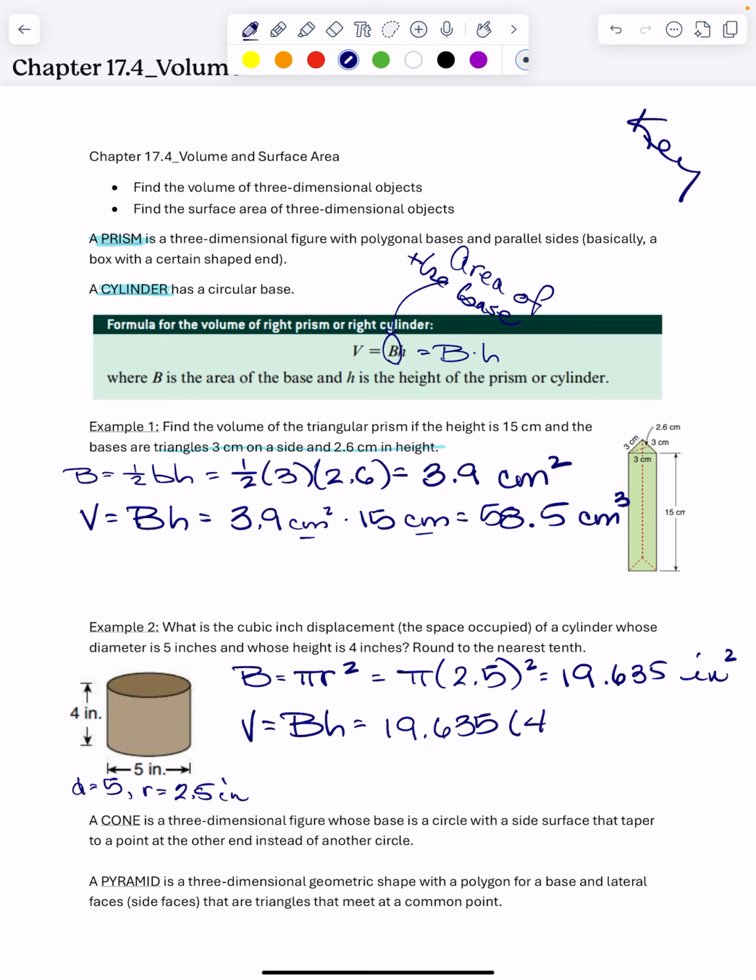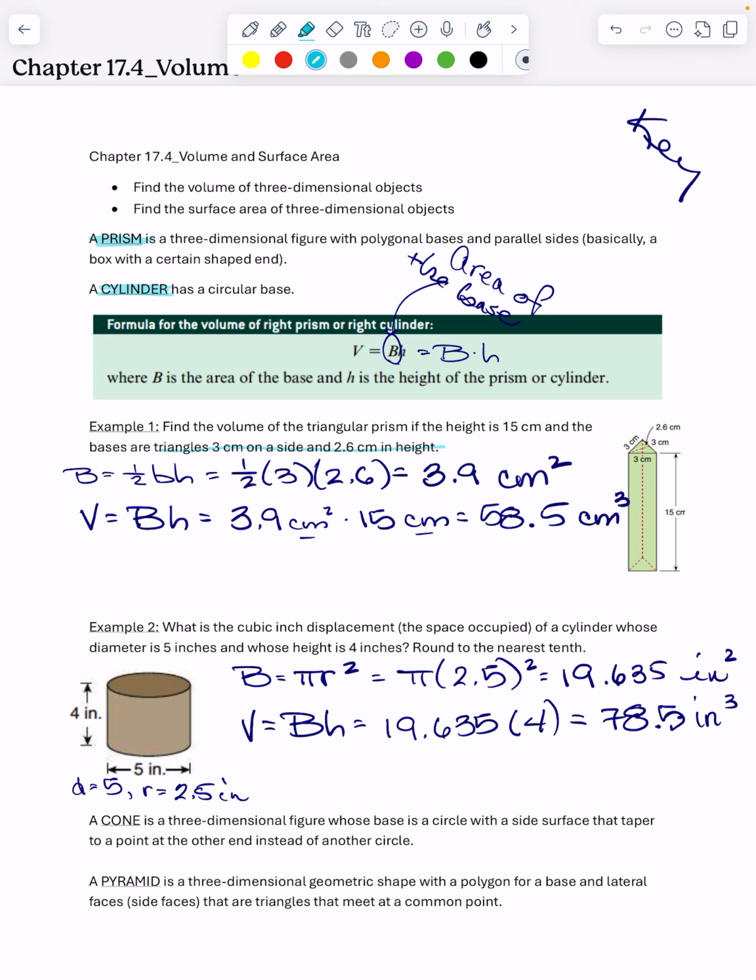Try not to round till the very end, but I don't want to write that whole decimal here. We're going to multiply the area of the base times our height, which is 4. Notice I didn't include the labels here. Rounded to the nearest tenth, I get 78.5, so 78.5 inches cubed, cubic inches.